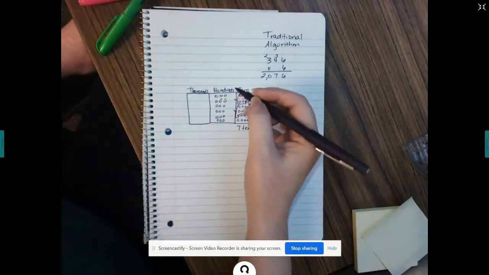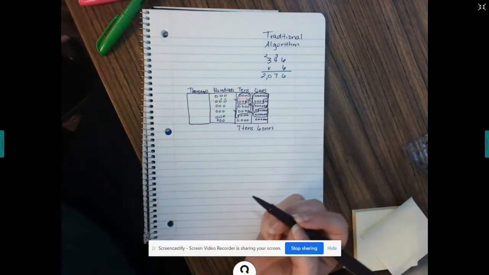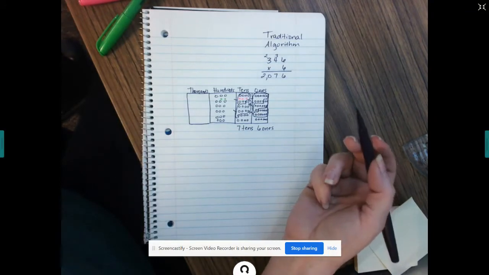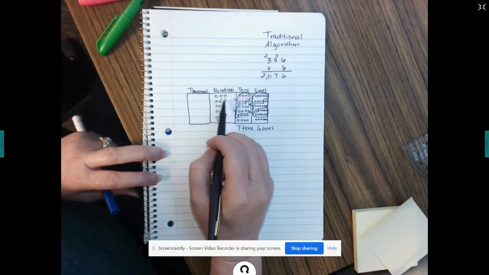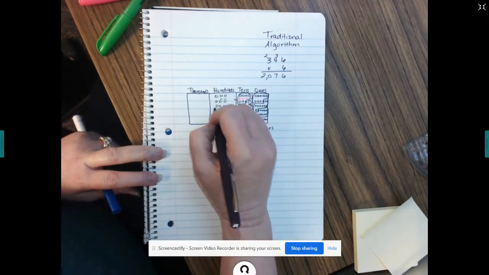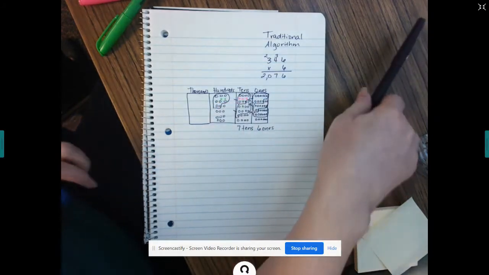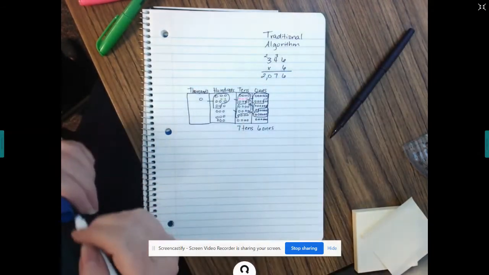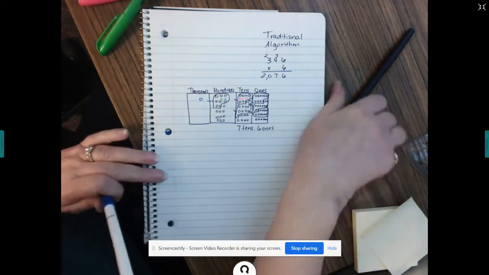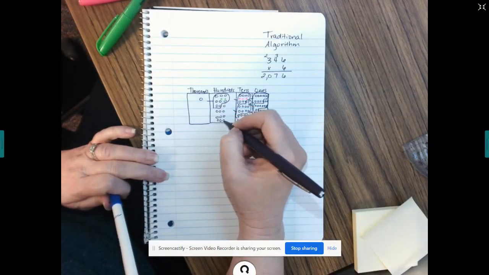Okay, but now I also see that I have too many hundreds because I can only fit up to 9 hundreds in the hundreds place. So I'm going to regroup here as well. I have 3, 4, 5, 6, 7, 8, 9, 10. And that makes 1,000. Then I have 1, 2, 3, 4, 5, 6, 7, 8, 9, 10.